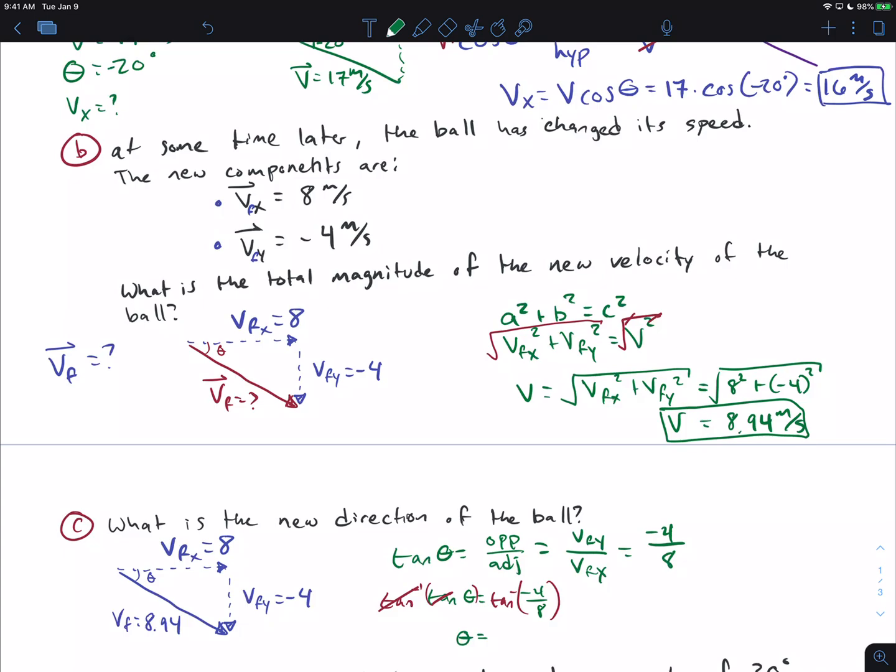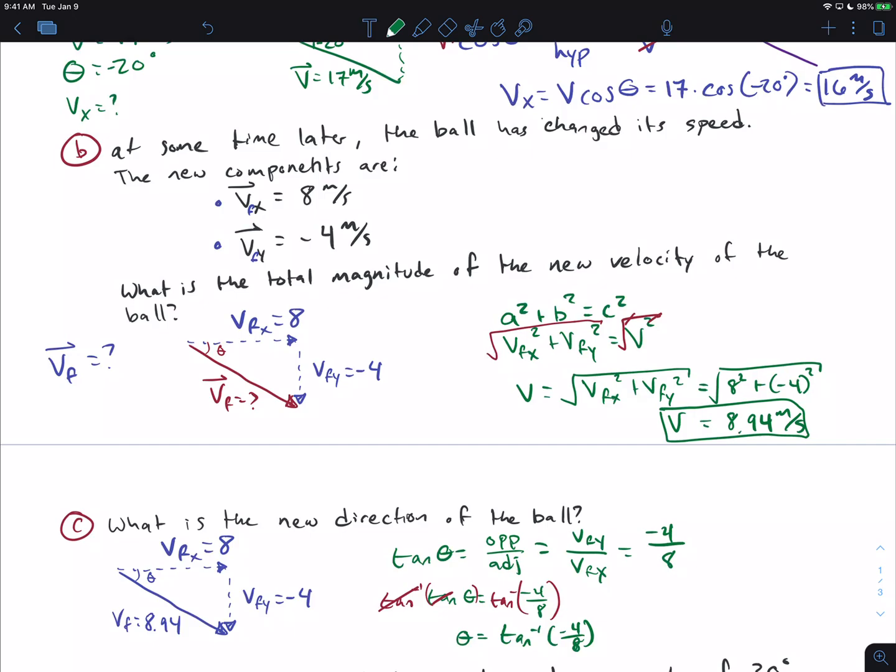So here, tangent inverse of -4/8. Now we'll just use our calculator to tell us what this is. So here I'm going to do this, and if you don't get the same answer as I do, you just want to check that your calculator, whatever calculator you're using, is in degree mode, right?